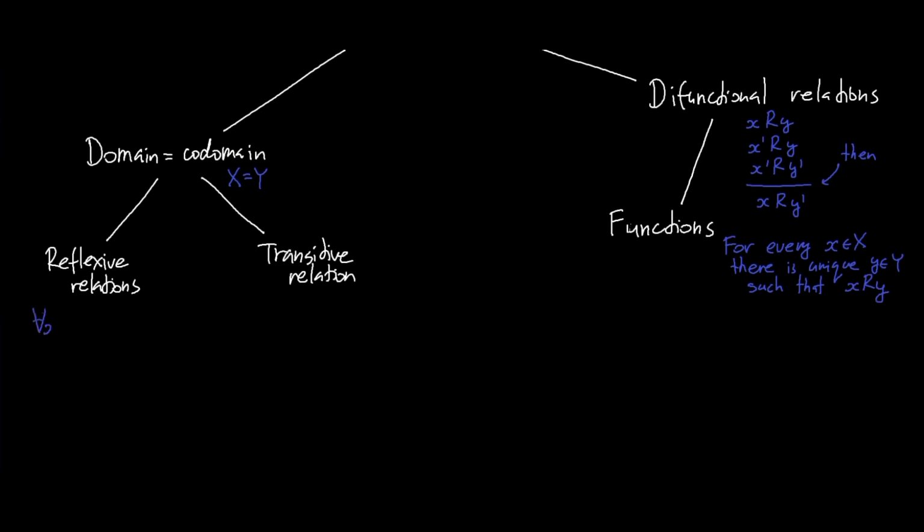These are relations where for every X in the domain, X is always related to X. And let me remind you that this symbol here means for every.